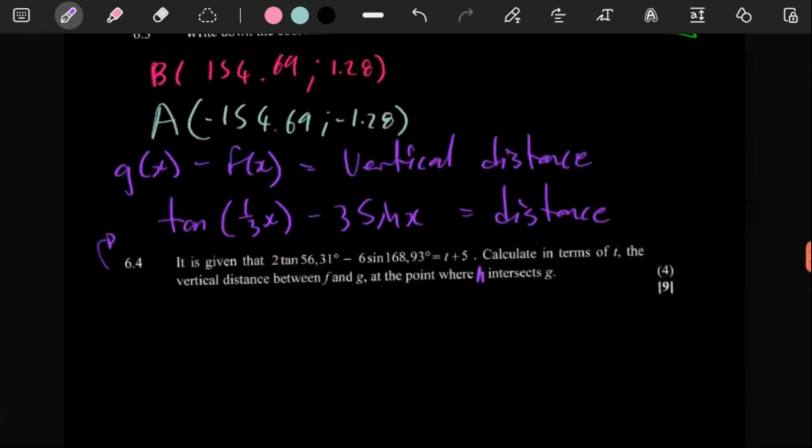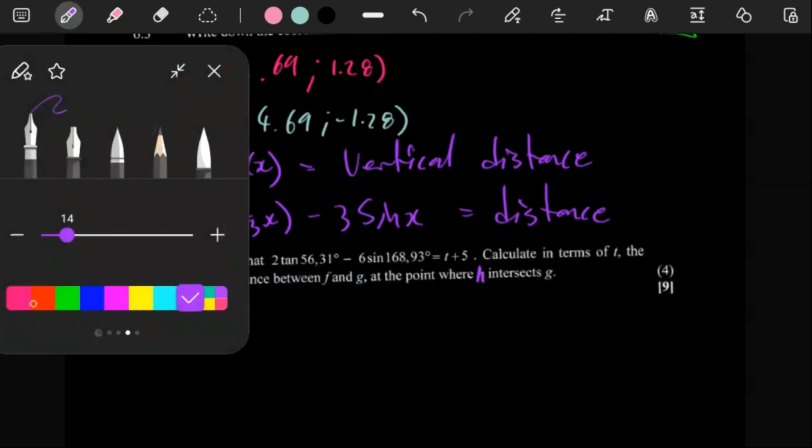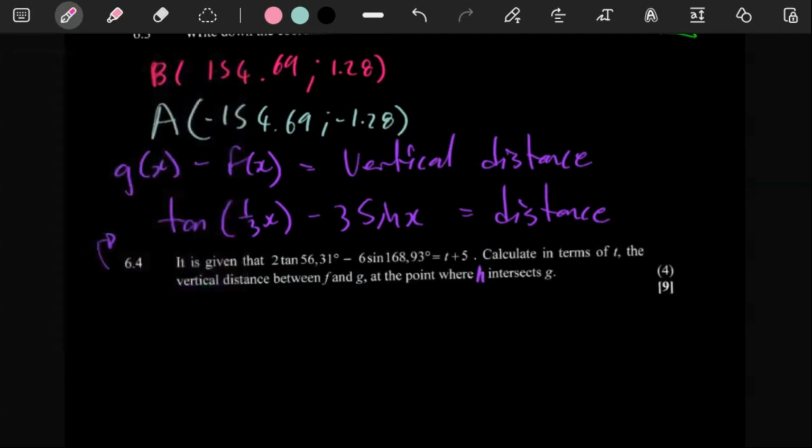So what we know is that whatever the vertical distance is in terms of t, we don't necessarily need to worry too much about that. The only thing we can worry about for now is what? Come on, bro. Think.